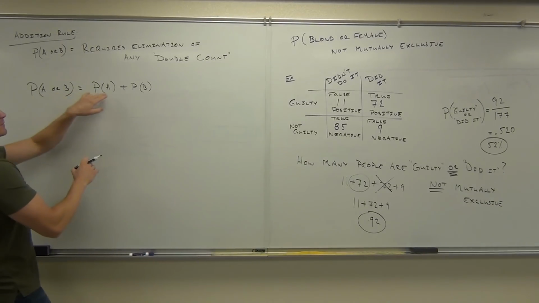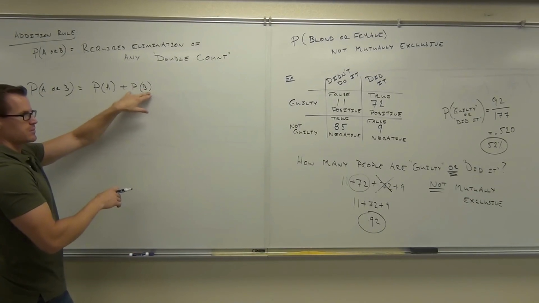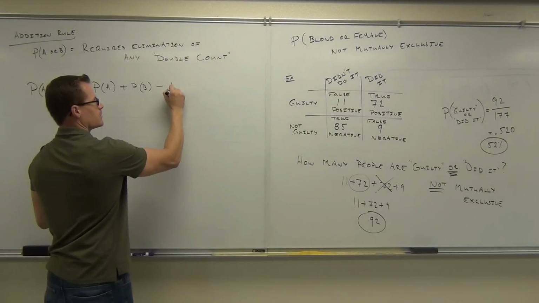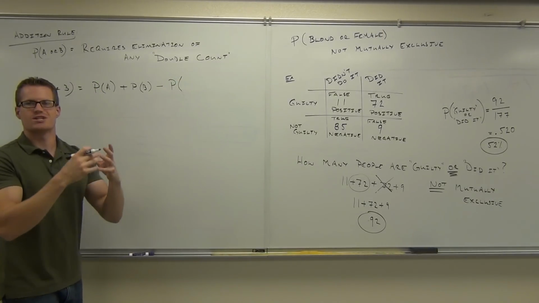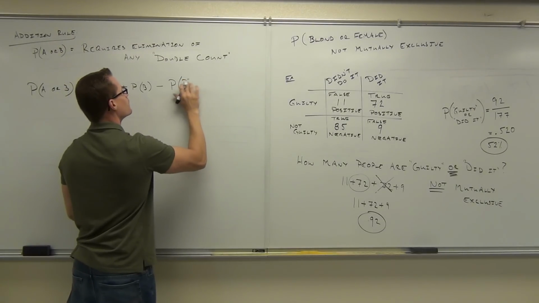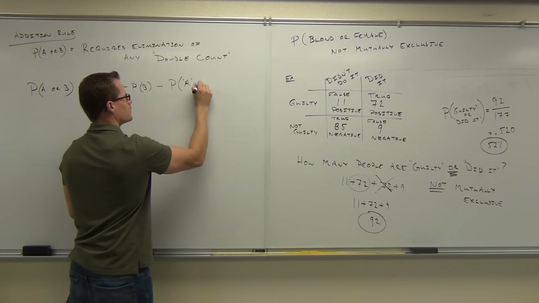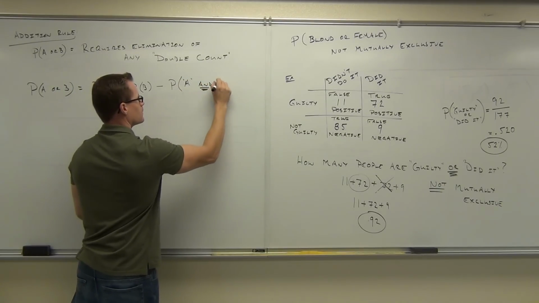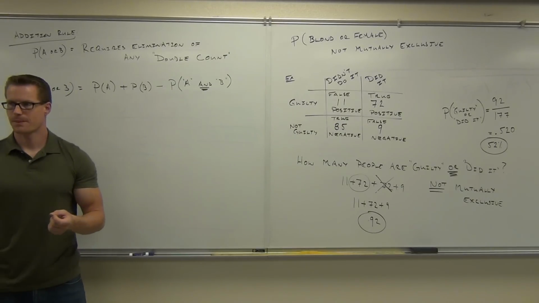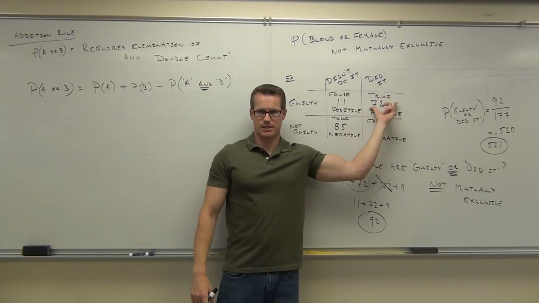You add event A, that's our guilties, to event B, that's our did-its, but then we minus the probability that they could occur together. And that's the probability of A and B. This right here is the probability of guilty and did it.